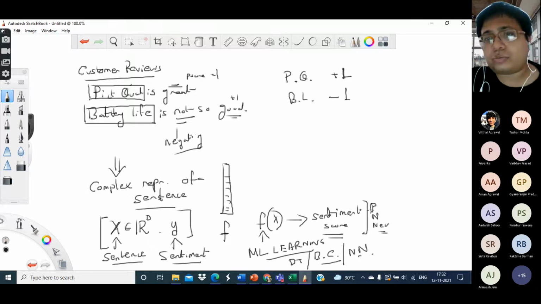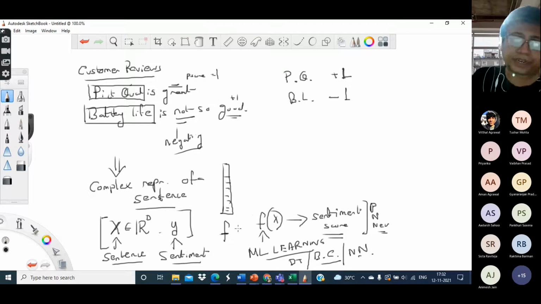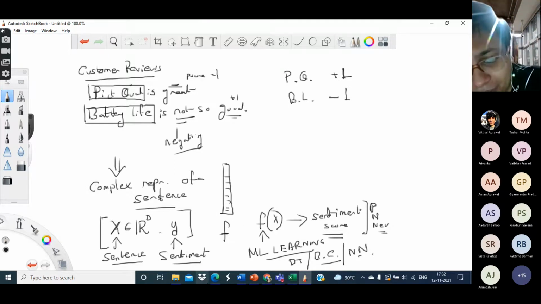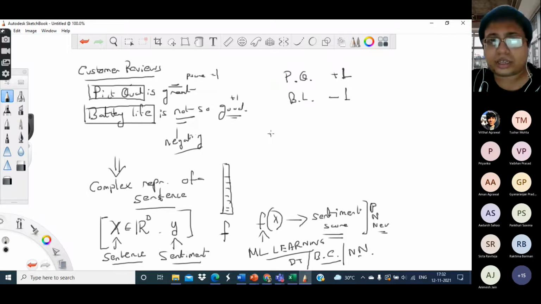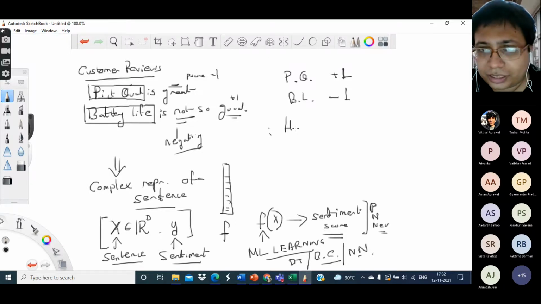Once I am able to represent any sentence as a d-dimensional vector, and I have a large enough corpus of sentences labeled with sentiment, the rest can happen directly by using any machine learning algorithm that you want. The challenge is how to represent a sentence as a vector. Okay, so that is the central challenge.